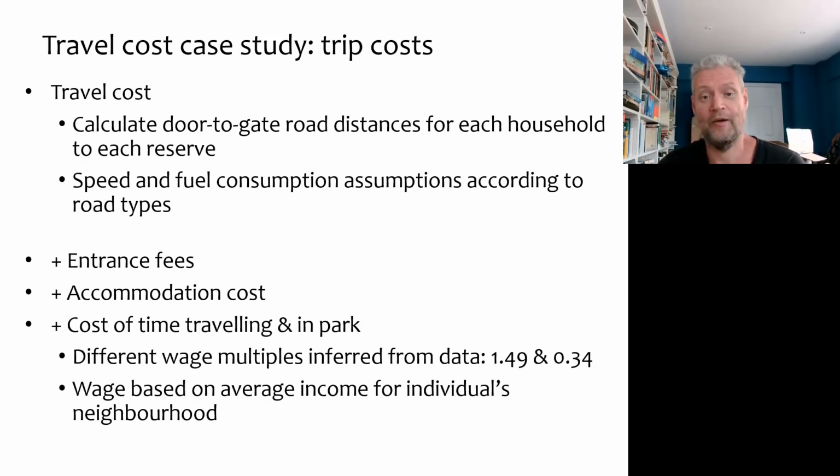Travel costs were calculated from door to gate over the road, and then they had to make assumptions about the speed of travel and the fuel consumed. They had actual data on entrance fee and accommodation cost, but the cost of travel is essentially assumed from typical conditions.